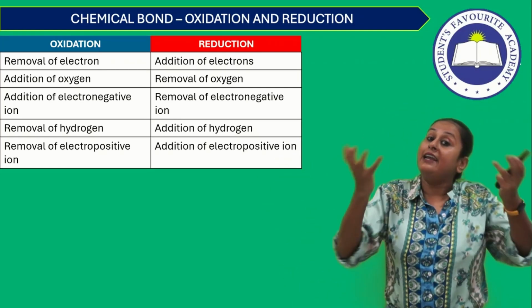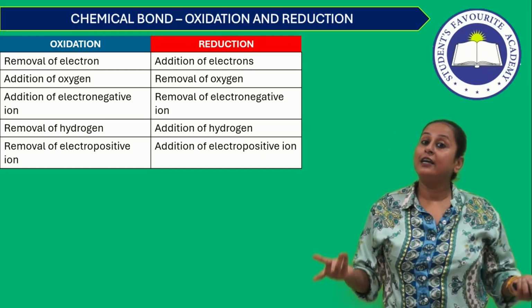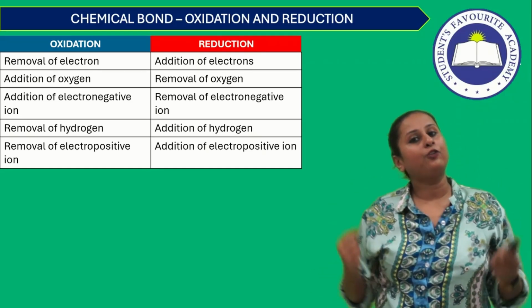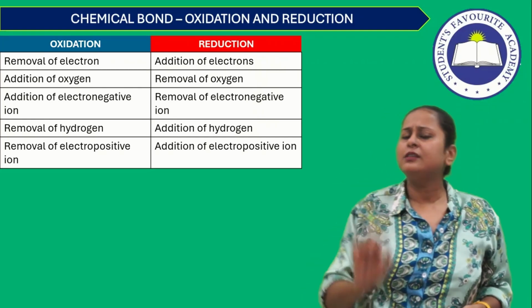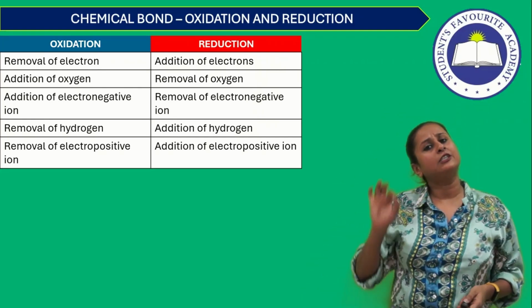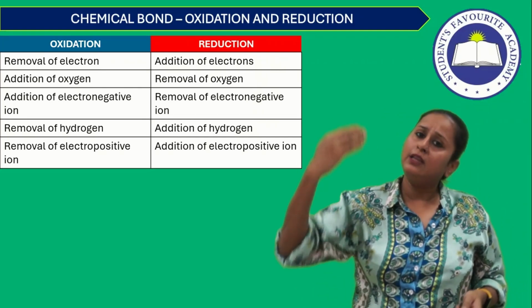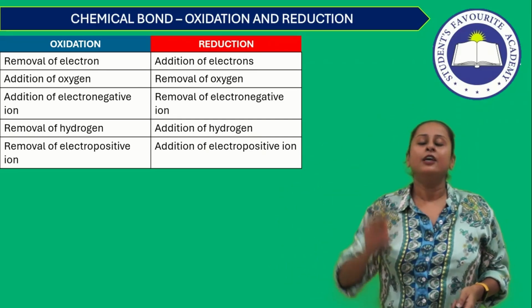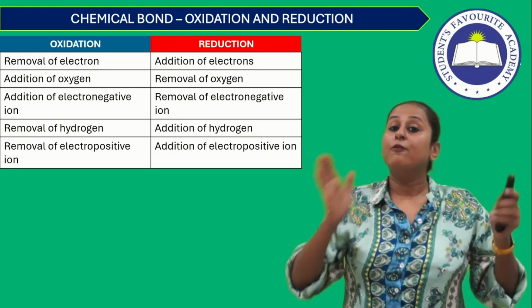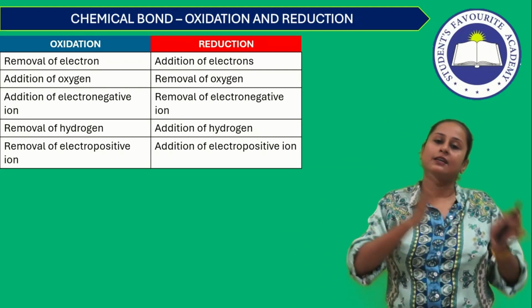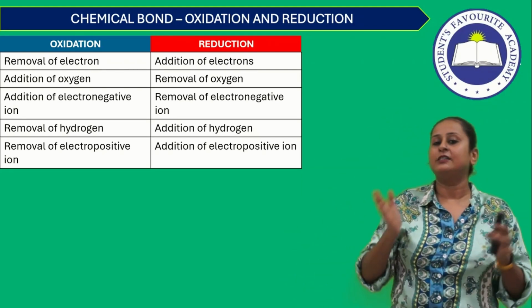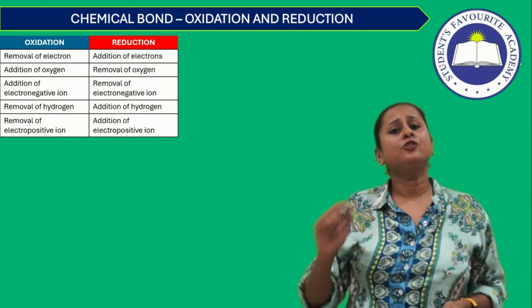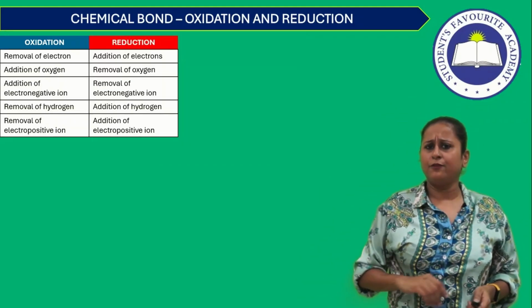Reduction is gaining H plus ions, or gaining any electropositive ion. So this is the basic difference between oxidation and reduction, and if you know these 4-5 principles which define oxidation and reduction, you should be able to find out which reaction falls under oxidation and which under reduction. So going by this, let us take a few examples.